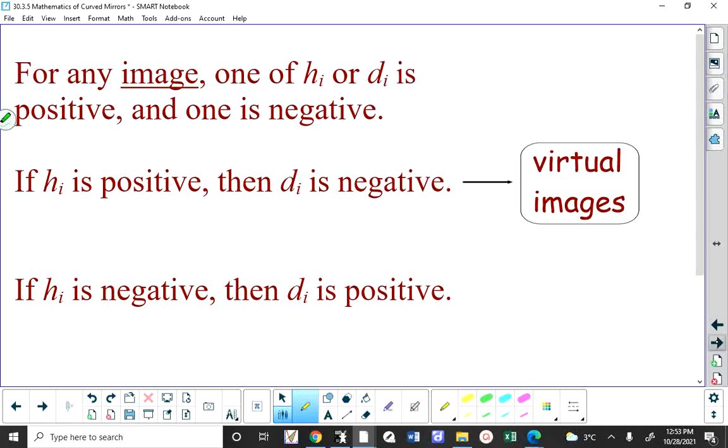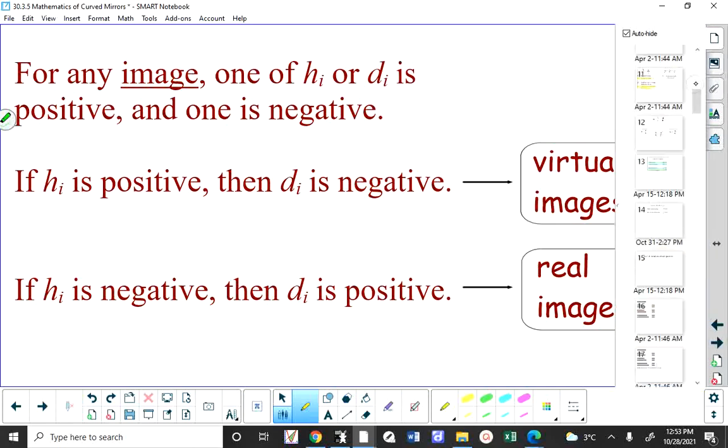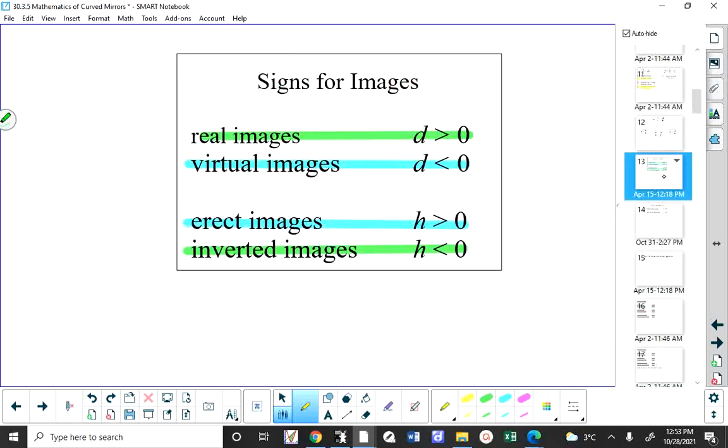If HI is negative, that's an inverted image, which means it's real, and if HI is negative, then DI must be positive. The two image characteristics are opposite. So those are the rules for the displacements and heights of images.